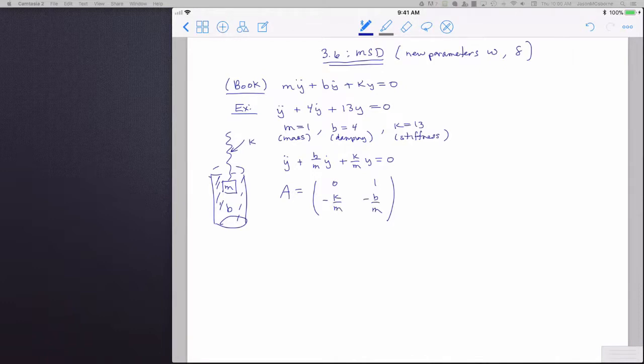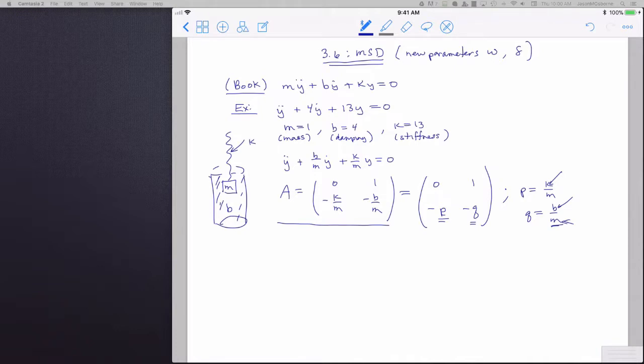So this is a matrix that often comes up in the textbook, and I think they'll call this matrix 0, 1, negative P, negative Q, where P is equal to K over M, and Q is equal to B over M. So the book often uses the variables P and Q, or they'll use the M, the B, and the K, all three of those variables. Or they'll use the two new parameters, P and Q.